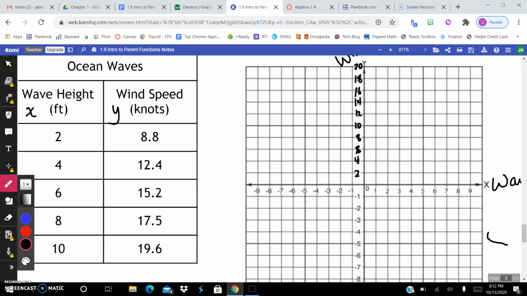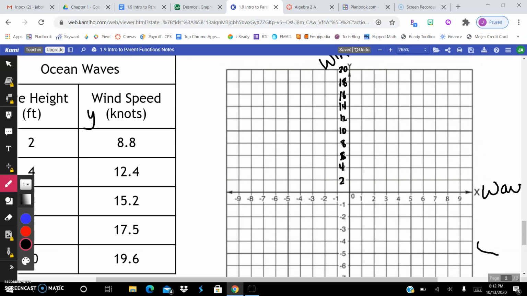All right, so over 2 up 8.8. 4 is 12.4. 6 is 15.2. 8 is 17.5. And 10 is 19.6.